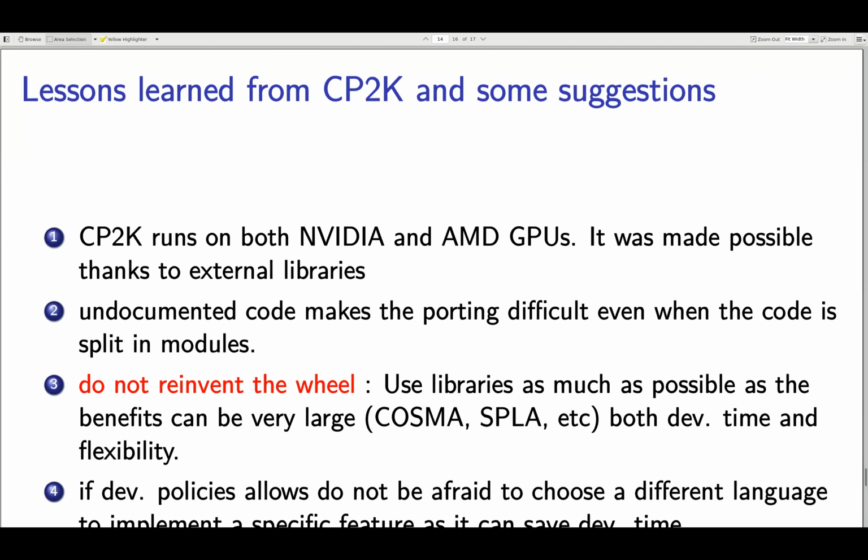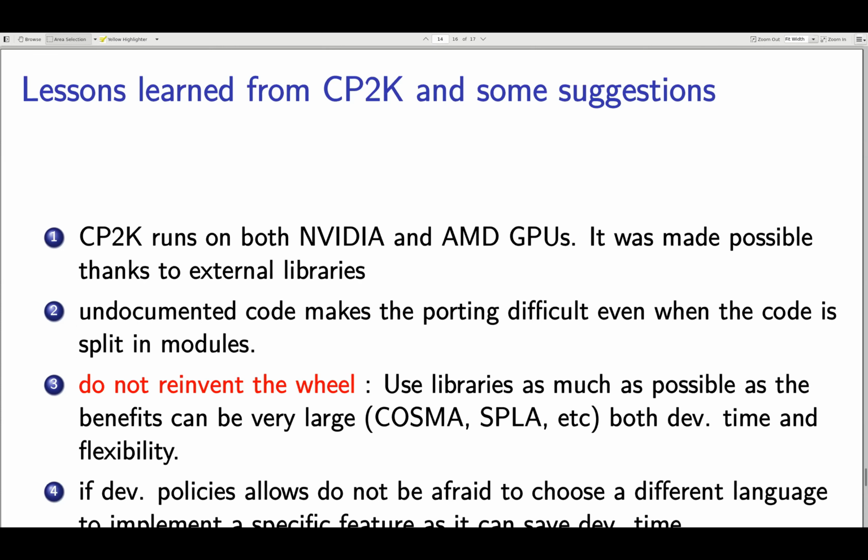So to minimize this, we try to use libraries as much as possible because the benefit can be very large. I cited COSMA, SPLA, etc. And this is particularly important because it saves development time and improves flexibility.